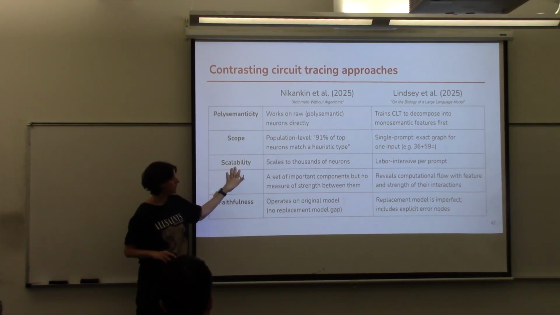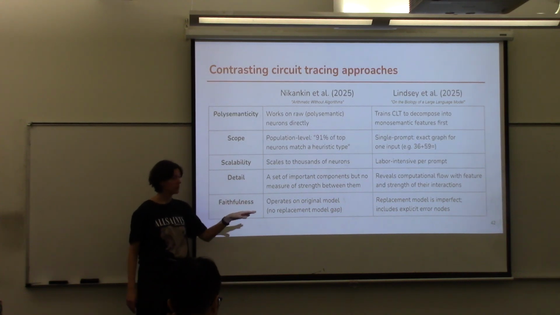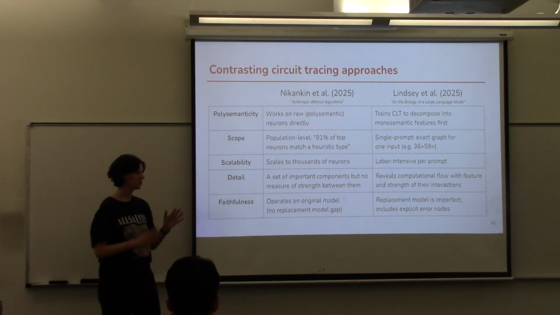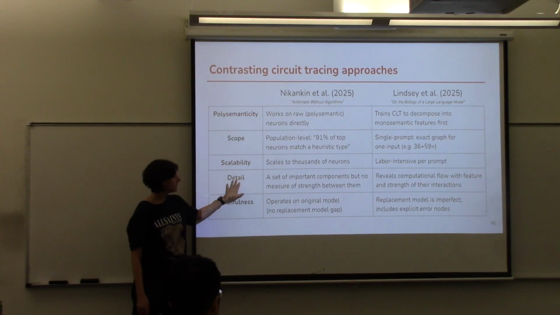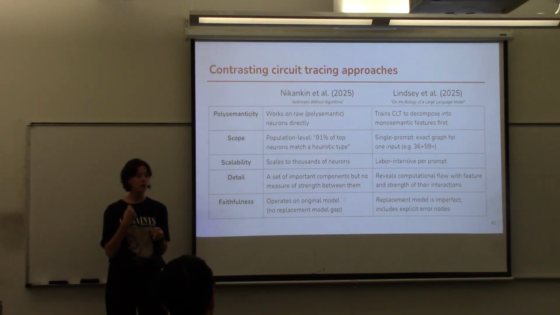I think here, in terms of scalability, this was done to thousands of neurons. Right now, sparse feature circuits, again, are labor intensive because they require this manual part, which I will soon change. In terms of the detail, sparse feature circuits are better because they give you this nice computational flow with edges having very particular meaning and weight.